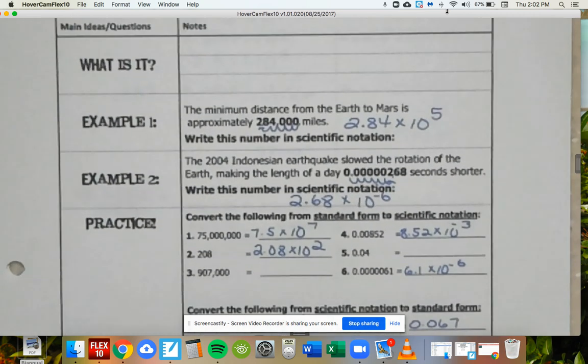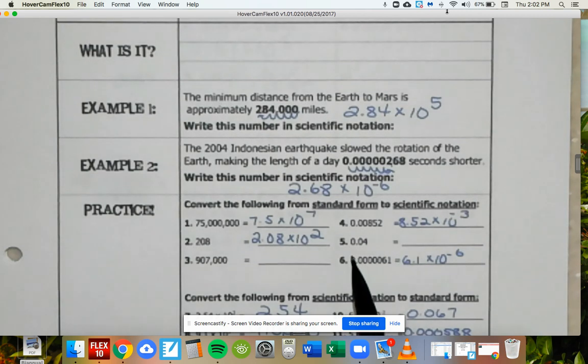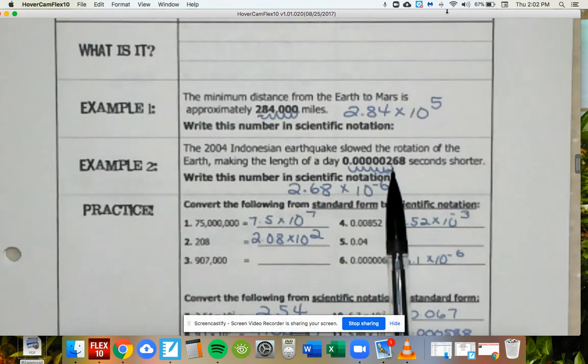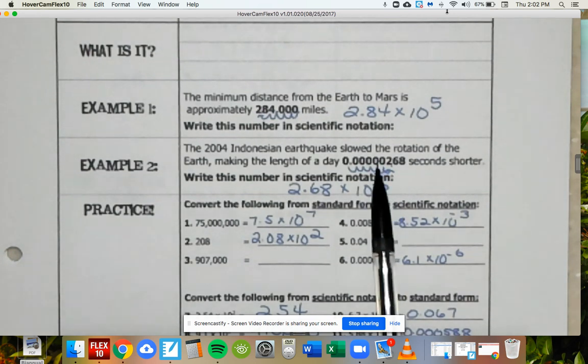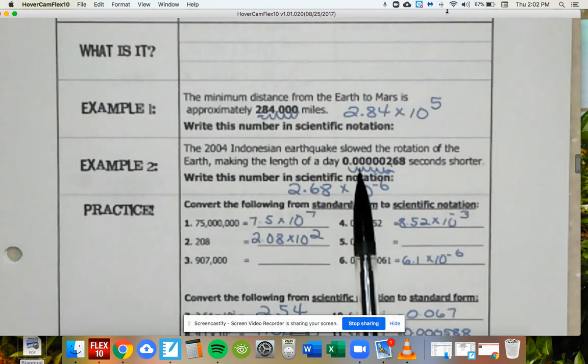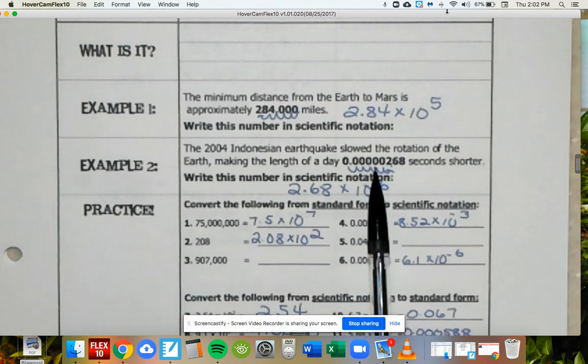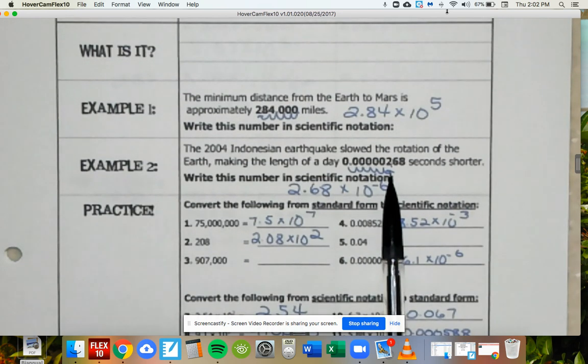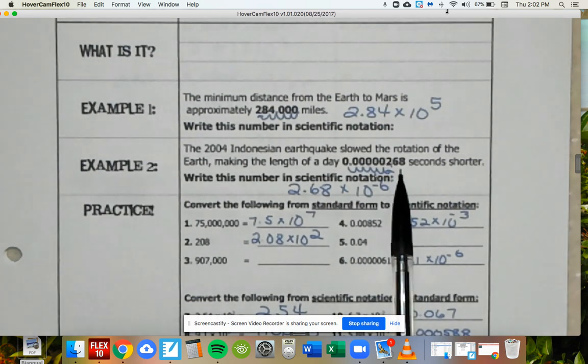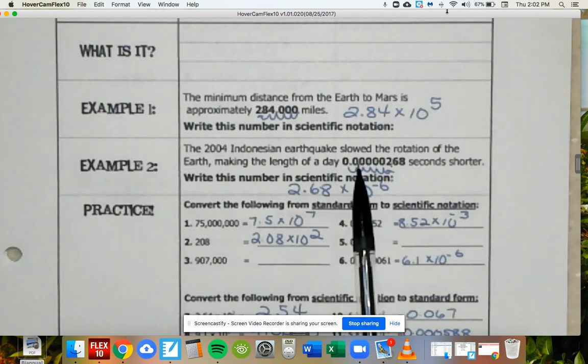Then we went on and we converted the other way. I'm sorry, I take it back, we didn't get there yet. This is another standard form number, but this is what I was calling a teeny tiny microscopically small decimal number. Again, it's all about moving the decimal. Here's the decimal. Where do we want it to be for scientific notation?